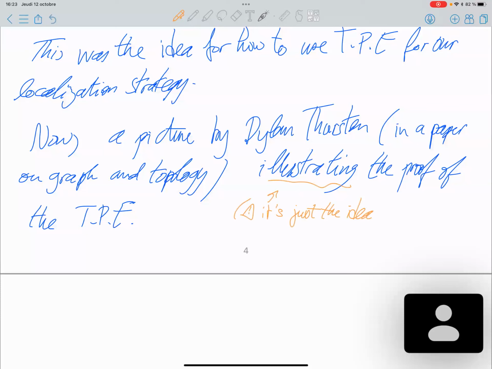This idea is far from the detailed proof in tensor category, the detailed proof involving tensor category theory. Category theory is much harder, of course.